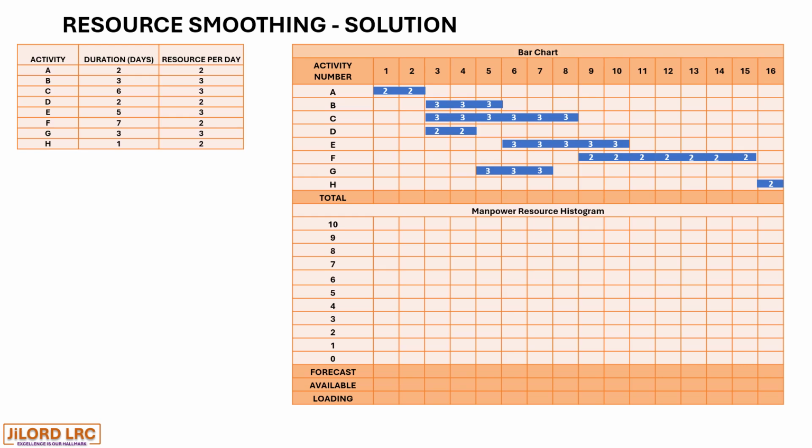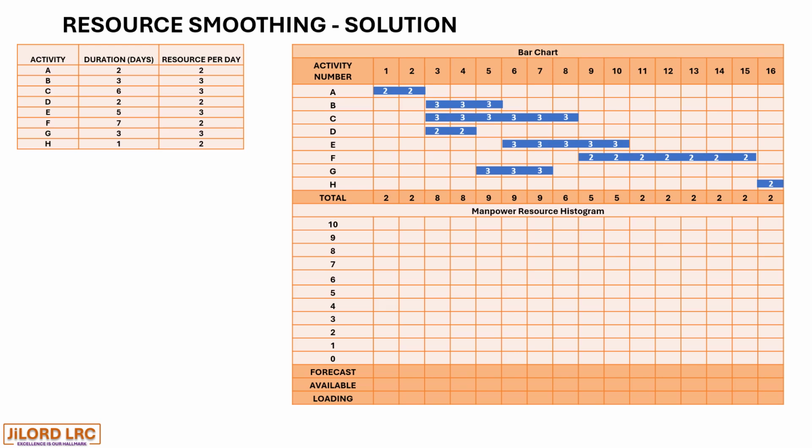So let's proceed and draw the histogram. But let's first of all find the total resources per day. So we have the total resources as 2, 2, 8, 8, 9, 9, 9, 6, 5, 5, 2, 2, 2, 2, 2, 2, 2, up to the 16th day.